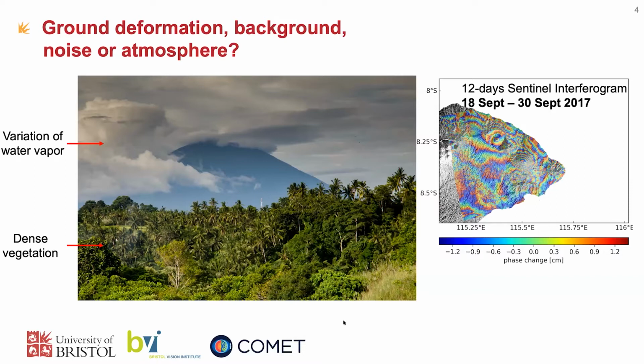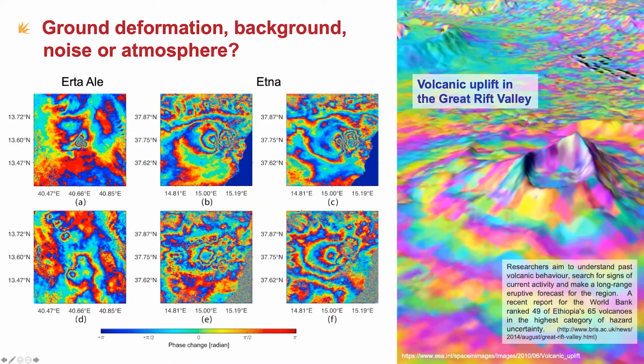Here is an example. This is an interferogram that I acquired from Sentinel-1. The top row is the real deformation signal from volcano unrest, and the bottom row is actually atmosphere. So we want an automatic system that can separate these two different signals.